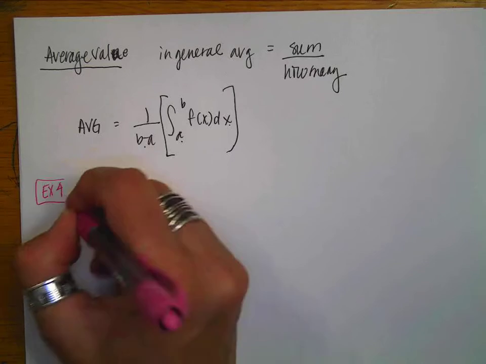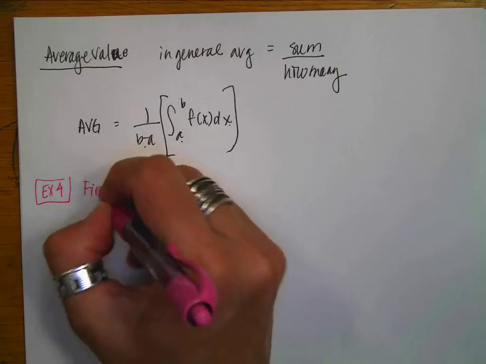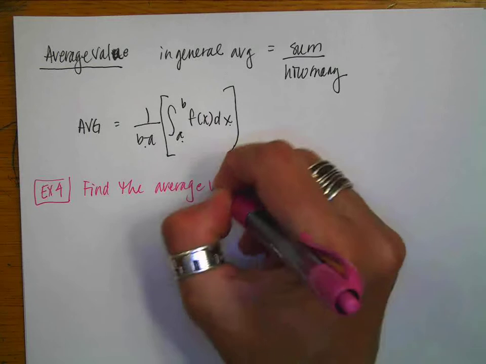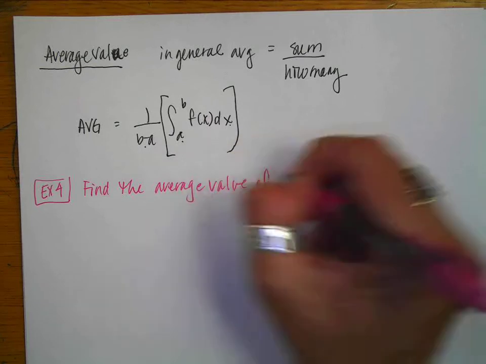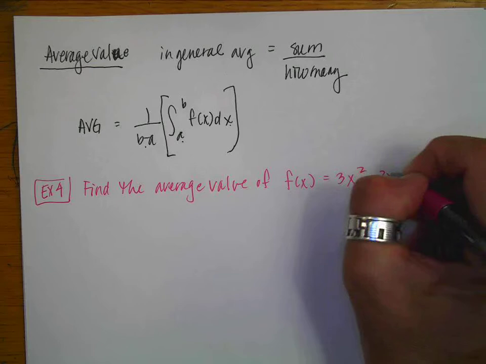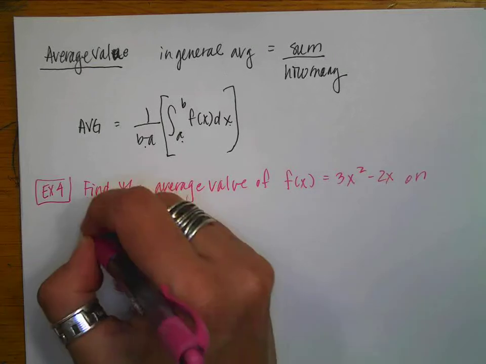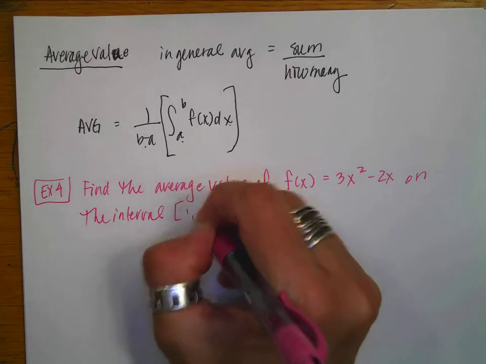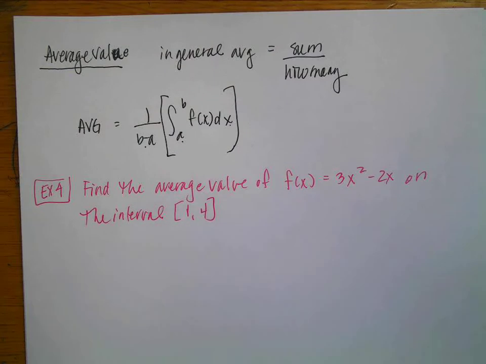All right, example number 4 says find the average value of f of x is equal to 3x squared minus 2x on the interval from 1 to 4.